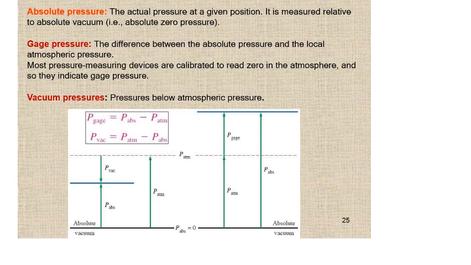Here we have two formulas to find these pressures. If you want to find the gauge pressure, you need to subtract atmospheric pressure from absolute pressure, and if you want to find the vacuum pressure, you need to subtract absolute pressure from atmospheric pressure.